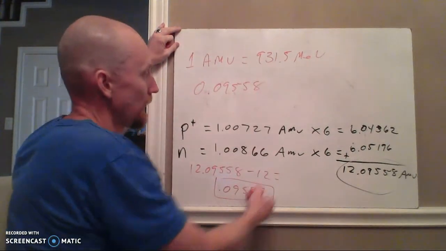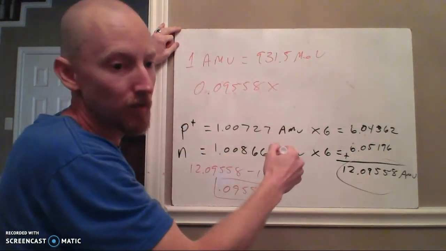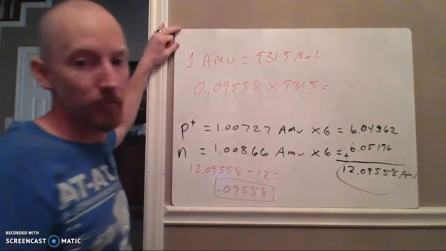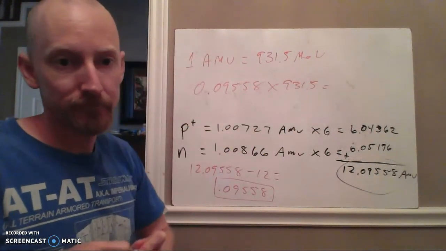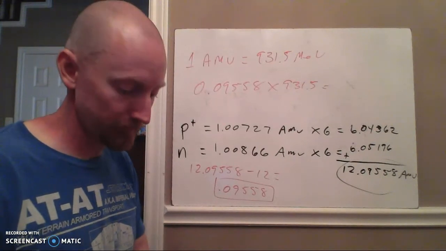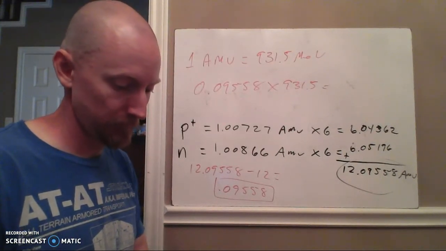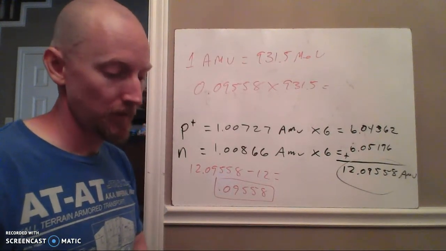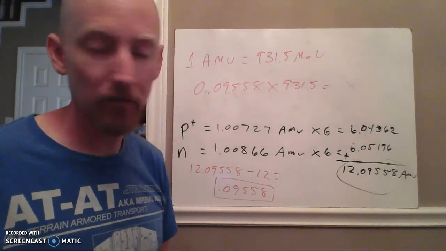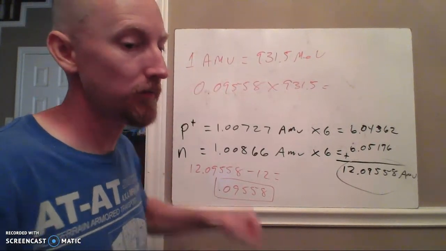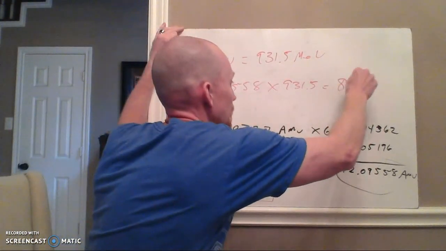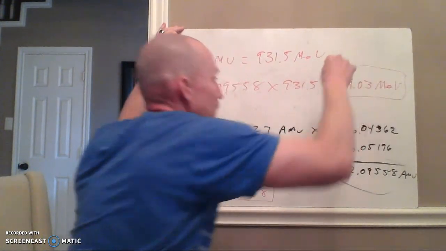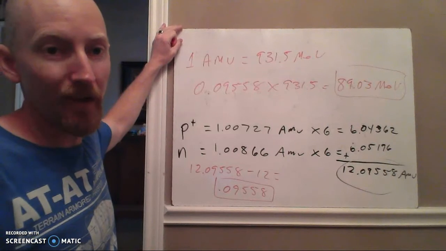So if we take our 0.09558 that we got and multiply by 931.5, it's going to be a big number. I get 89 point something, 89.03 mega electron volts of energy.